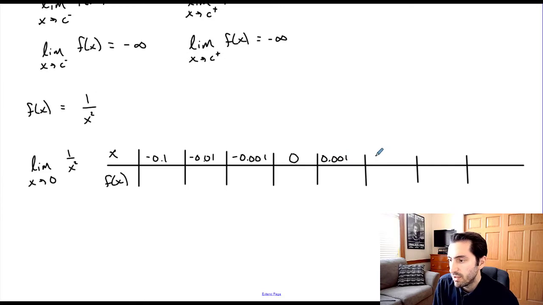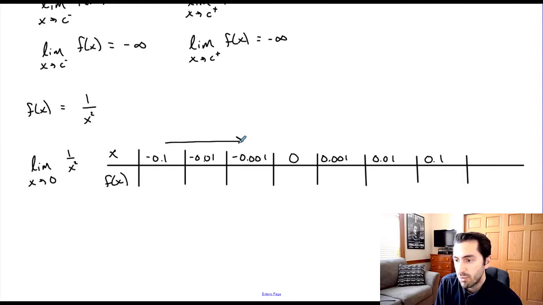So 1/1000th, 1/100th, and 1/10th. And we'll take a look to see what happens as we're getting closer to 0. So from the left side here, this is our limit as we approach 0 from the left. And on the right side here, this will be our limit as x approaches 0 from the right.